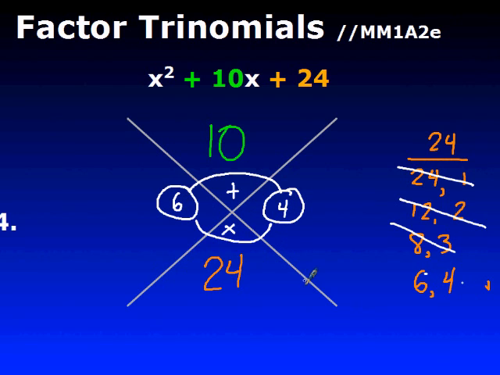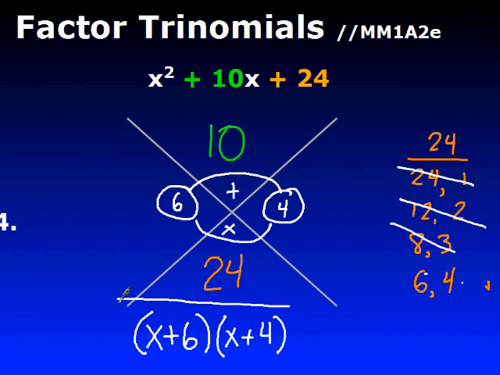Again, take the numbers I've written in white and let's create an x plus 6 factor and an x plus 4 factor. The factors of x squared plus 10x plus 24 are x plus 6 and x plus 4.